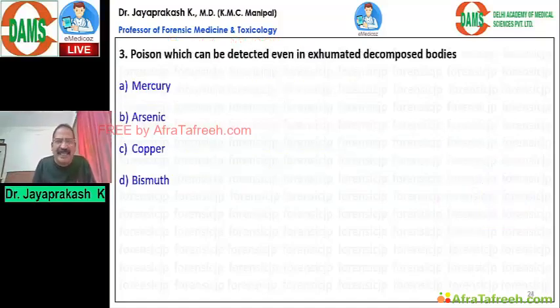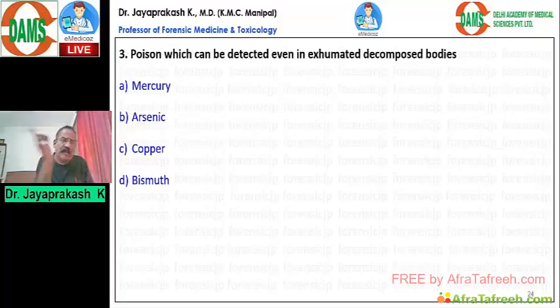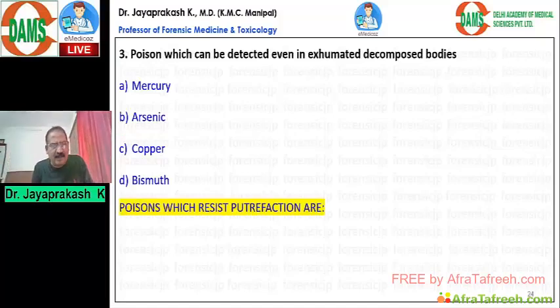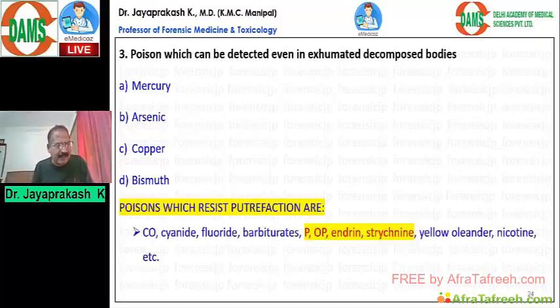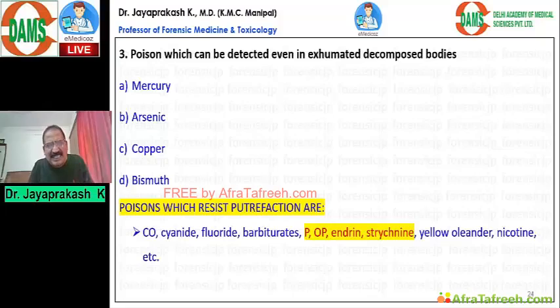Poison which can be detected even in exhumed decomposed bodies. Strictly speaking, all heavy metals resist putrefaction. So out of all these, the best answer is arsenic. There are so many poisons which resist putrefaction, especially phosphorus, organophosphorus, endrin, strychnine. You should remember this.